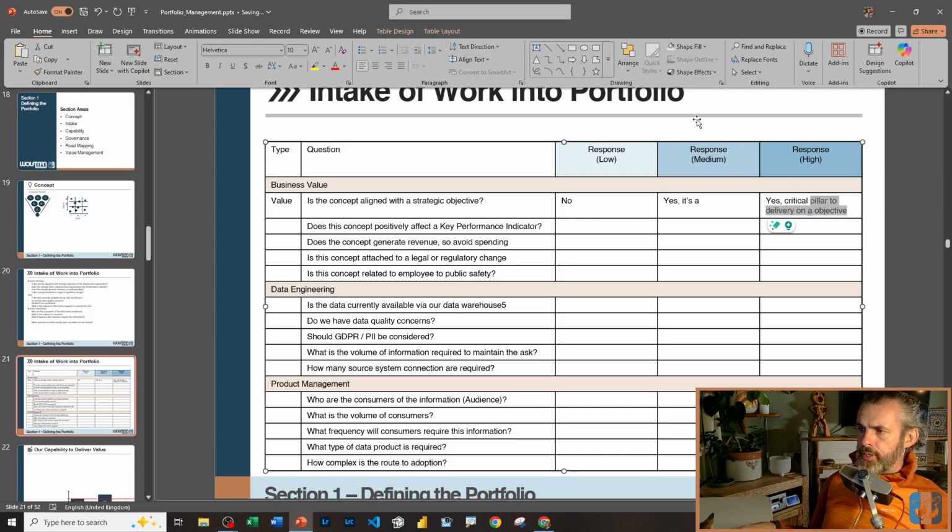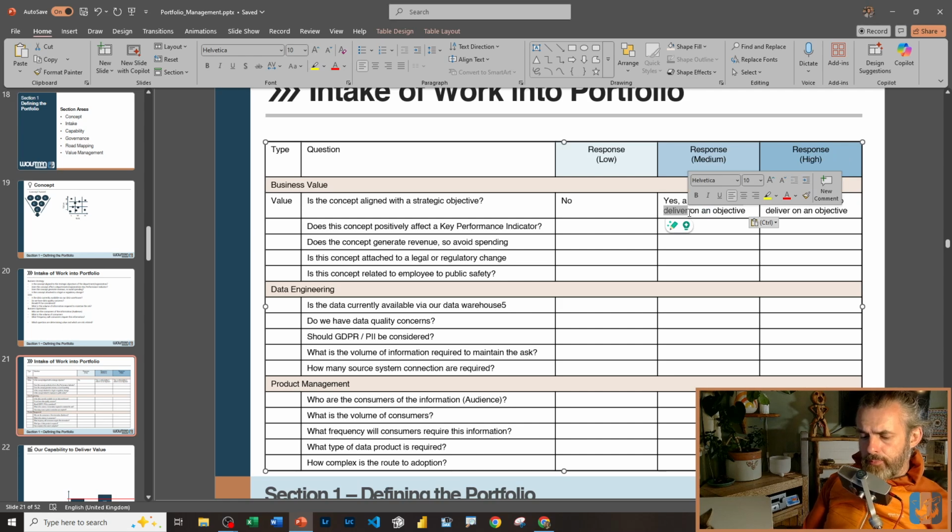Let's try and shorten this down. Yes, critical pillar. Critical pillar to deliver on an objective. And the medium one could be that it's a contributor. So it contributes, but it's not fundamental.